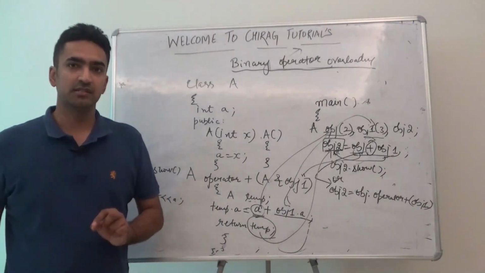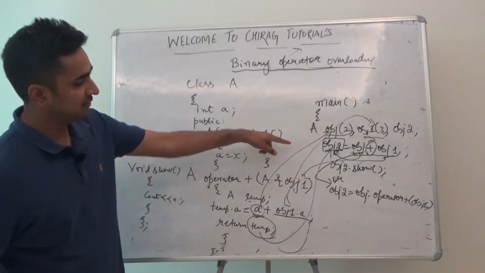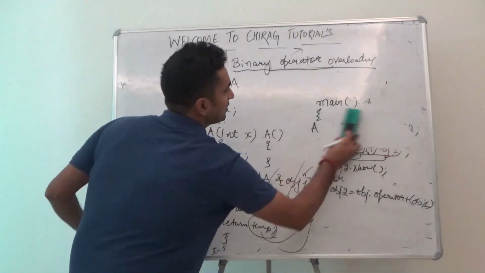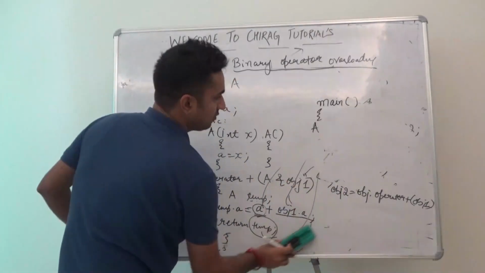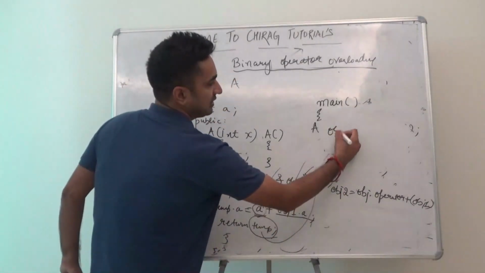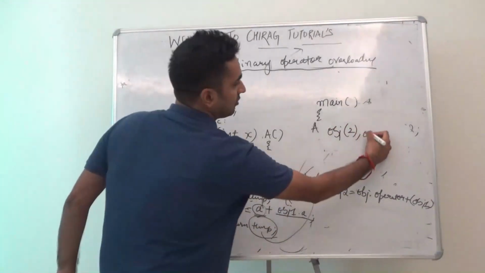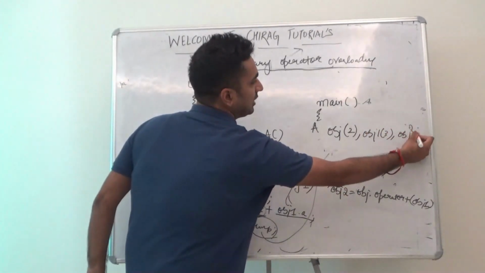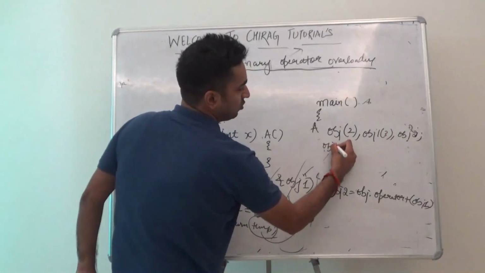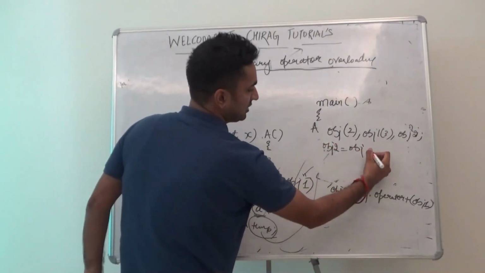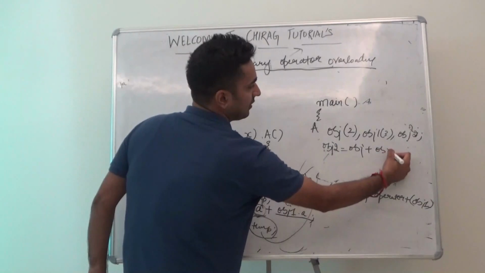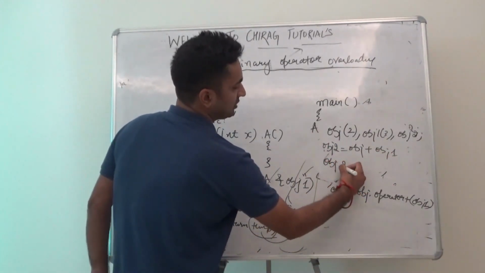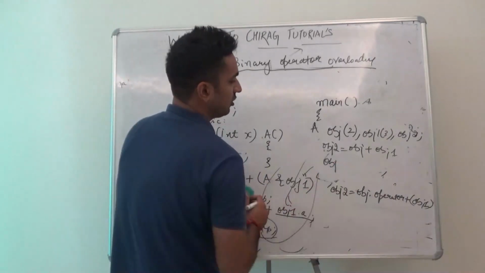Importantly guys, let me just tell you this whole scenario. This scenario works like we have obj, where 2 is given, obj1 where 3 is given, and let's say obj2. Your obj2 is equal to obj plus obj1, right? And we are obviously displaying obj2 dot show.